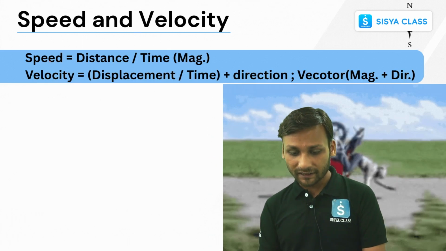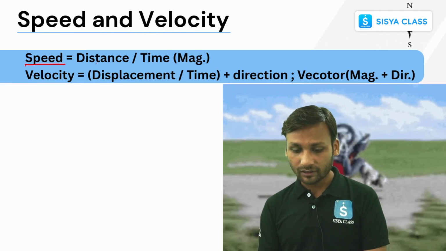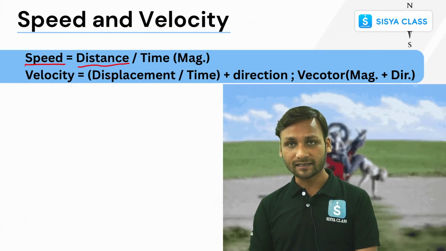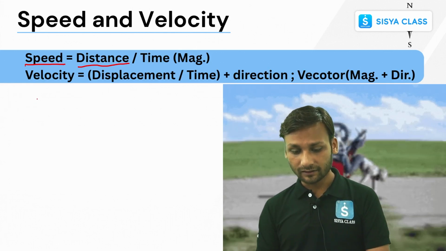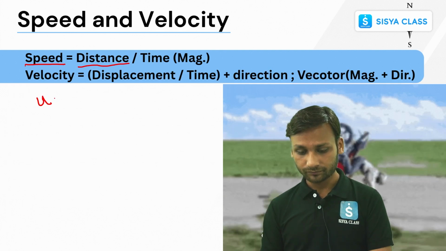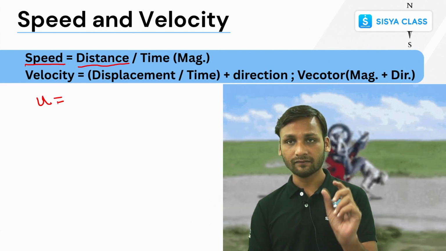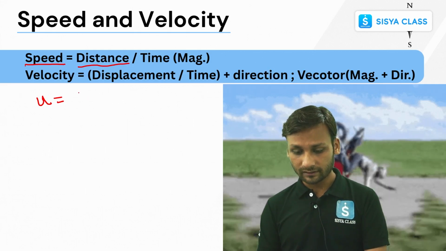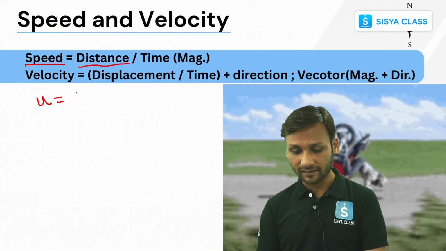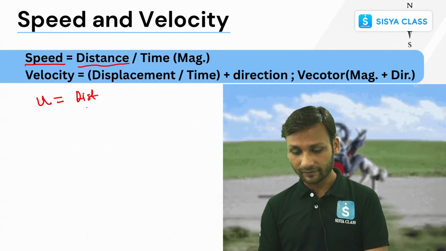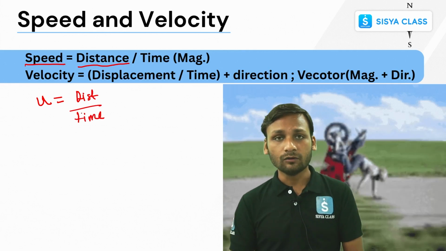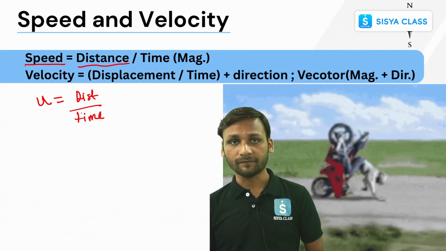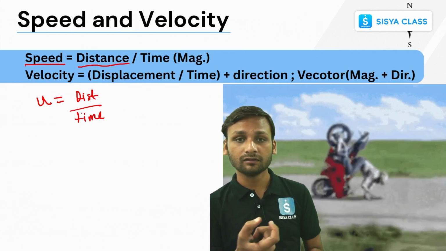Since speed is a scalar quantity, it relates to a scalar quantity, distance, right? So speed, if I denote it with the symbol u, is the distance divided by time. Now, if we want to measure velocity, it must be measured through a vector quantity.